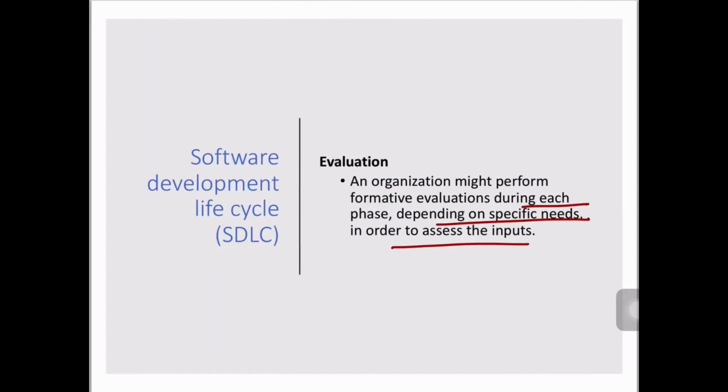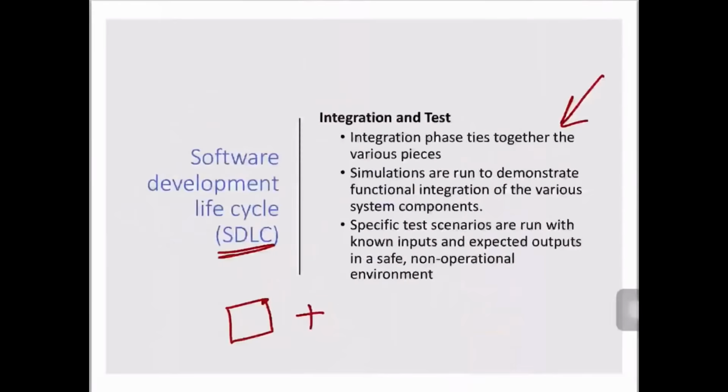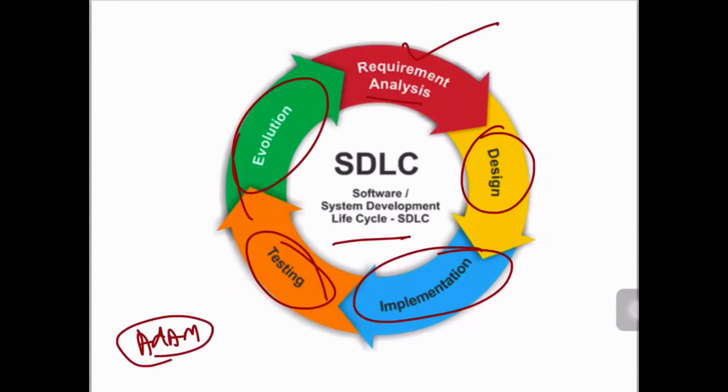Different people work on it with different scenarios to look at the software's activity or behavior, to check whether the software is working up to their standards and requirements, and if not, they ask for changes. So the SDLC, software development life cycle process, helps us to systematically develop a system, from requirement analysis to design to implementation to testing and to evaluation plus evolution.